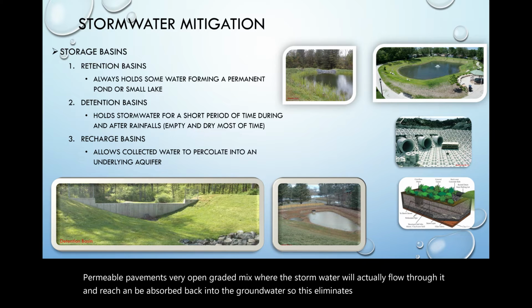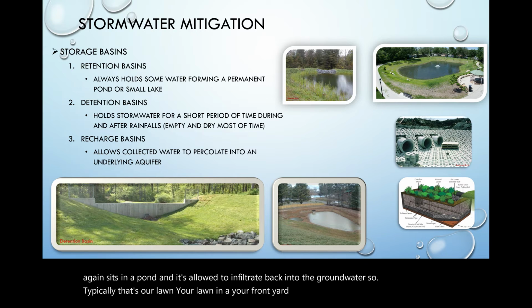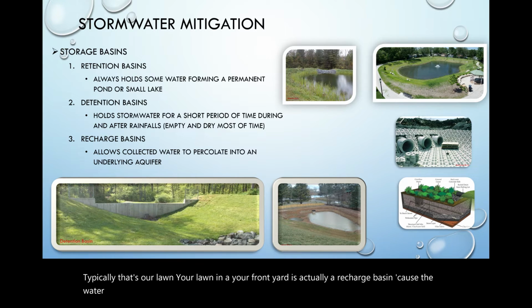Again, it sits in a pond and it's allowed to infiltrate back into the groundwater. Typically that's our lawn. Your lawn in the front of your yard is actually a recharge basin because the water is allowed to soak in and it soaks down. Your sump pump is running, so that means the water is going back into the system.